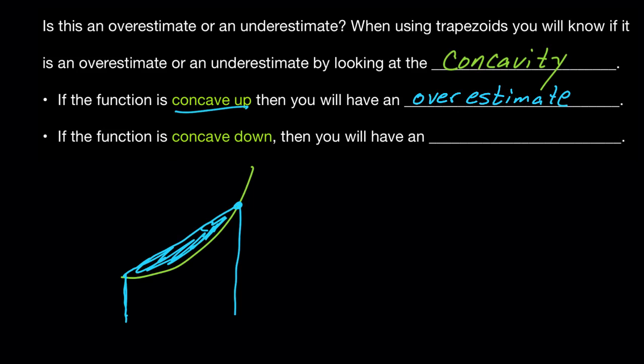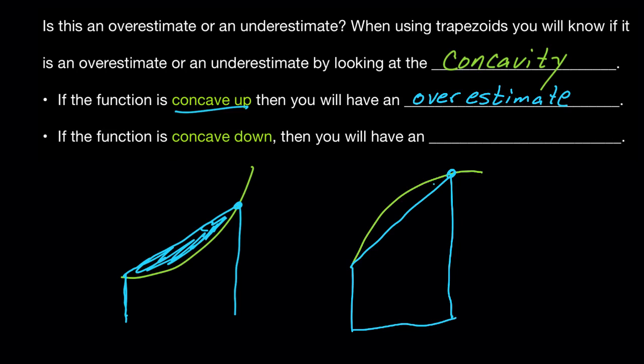If you have a graph that is concave down, and you do your trapezoids, you have this section here that's not being included, so that is going to give you an underestimate.